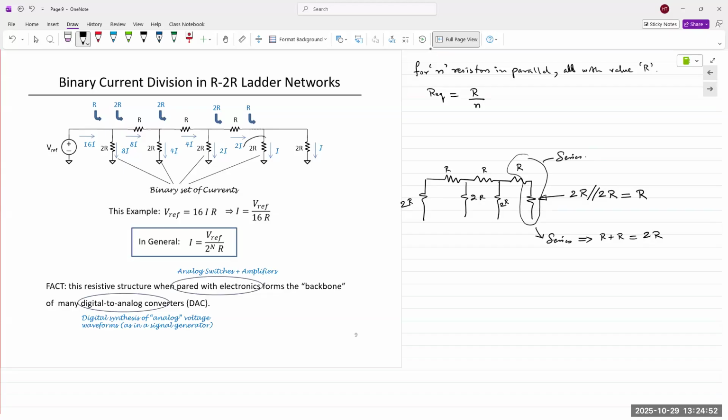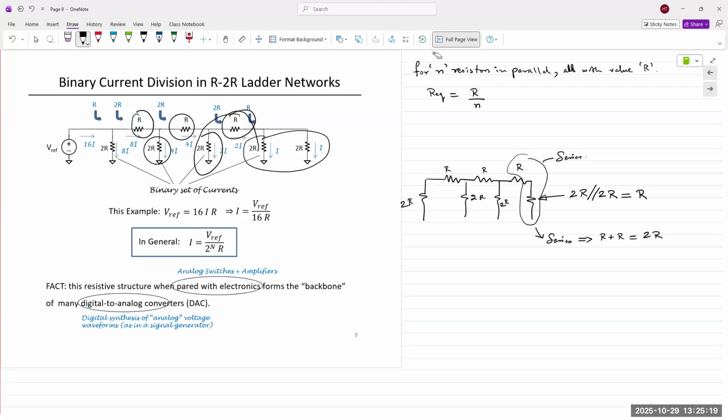We start off with two resistors in parallel that reduces to R. That R is in series with this R, gives us 2R. That will be in parallel with this one, which is 2R. So again, we get R as an equivalent, which in series with this one gives us again 2R. In parallel with this gives us again 2R in parallel with 2R, R, and finally we have R over here.